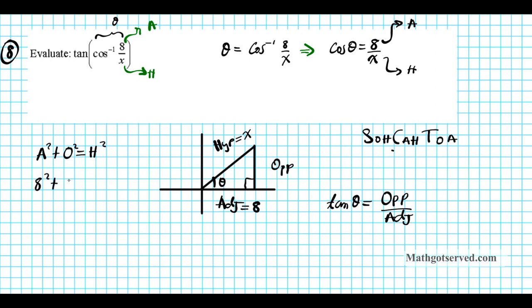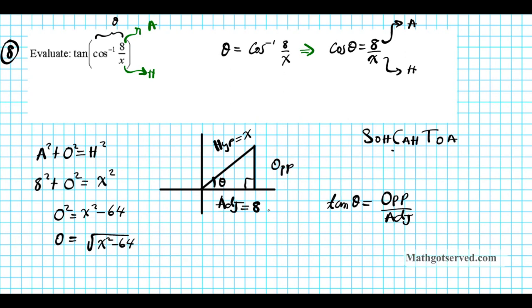Opposite, we have no idea what that is. And the hypotenuse is x squared. Now let's go ahead and isolate O. O squared is equal to x squared minus 64. And then O is equal to the square root of x squared minus 64. So that's our opposite right there.